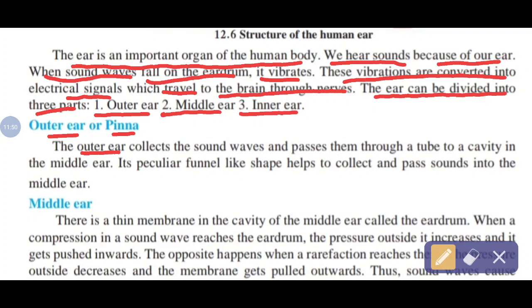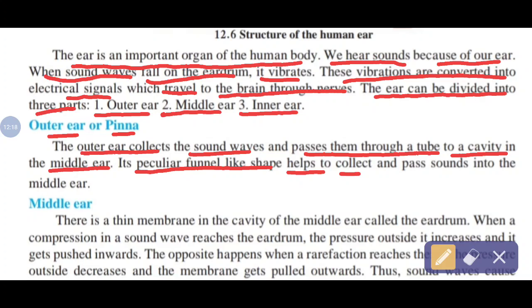The outer ear collects the sound waves and passes them through a tube to a cavity in the middle ear that we observe in the given figure above. Clear? Its peculiar funnel-like shape helps to collect and pass sounds into the middle ear.